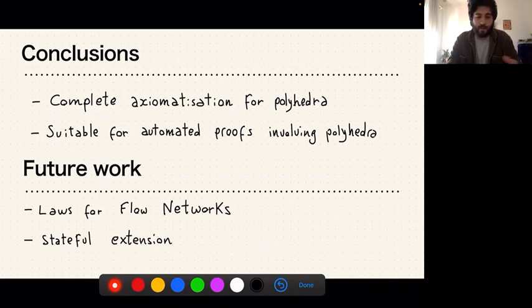There is already some work which has been done, which, as I anticipated at the start of the talk, lets us model continuous Petri nets. But again, there is more to do there.